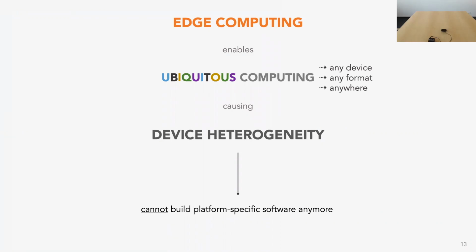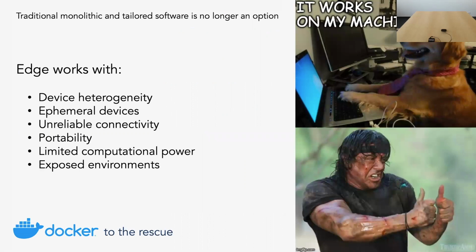And we cannot only build platform-specific software, right? We cannot build applications and algorithms that are supposed to run on specific hardware or specific operating systems. So for this reason, the usual excuse of, hey, it works on my machine, therefore it works in general, is not applicable anymore.